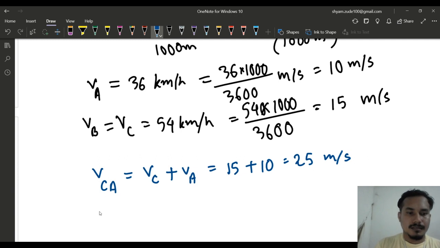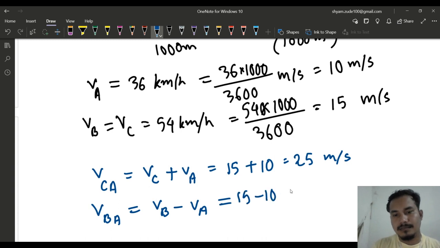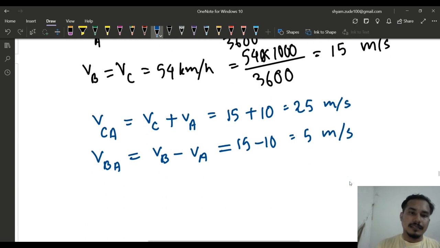The relative velocity of B with respect to A is VB minus VA, because both are going in the same direction. So 15 minus 10 is equal to 5 meter per second. So the relative velocity of C is much higher than B. It's 25 and it's 5.